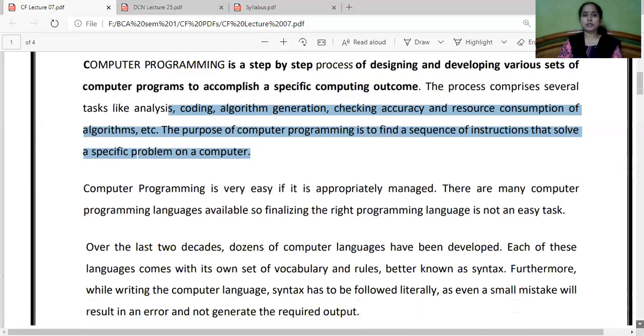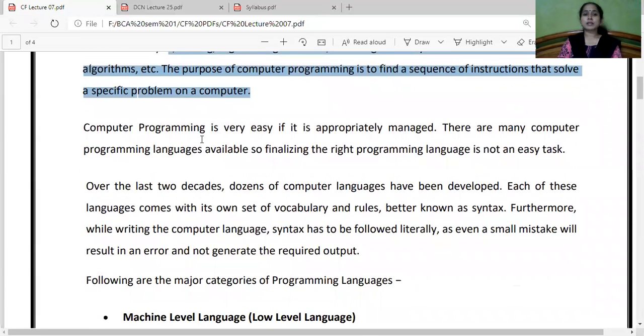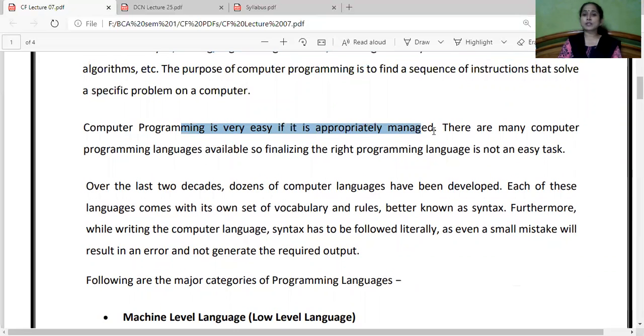Computer programming is very easy if it is appropriately managed, and there are many programming languages available. So finalizing the right programming language is not an easy task. The first step towards learning computer programming is to find out which language you want to code your program in. So we'll first look at what options are available to us.